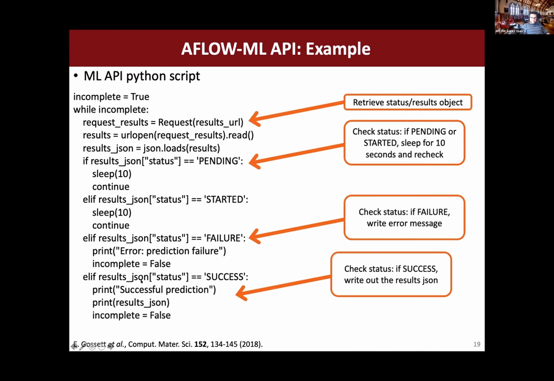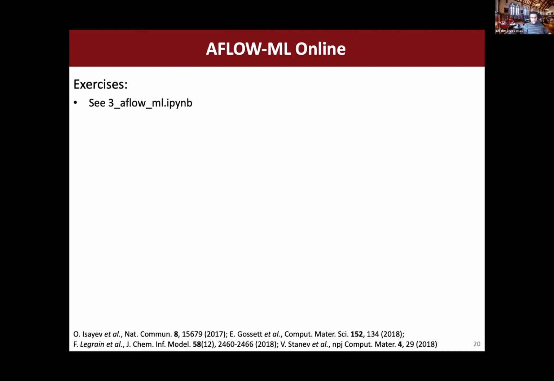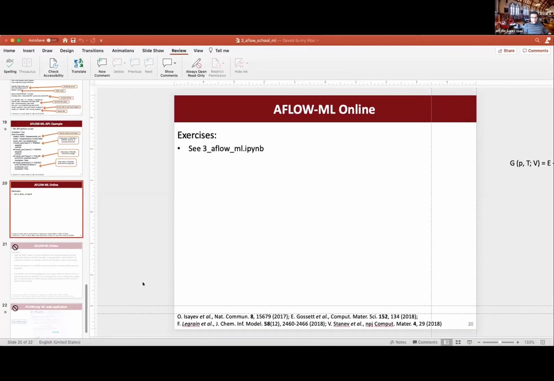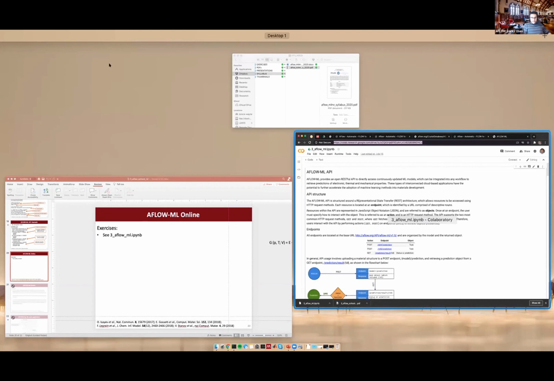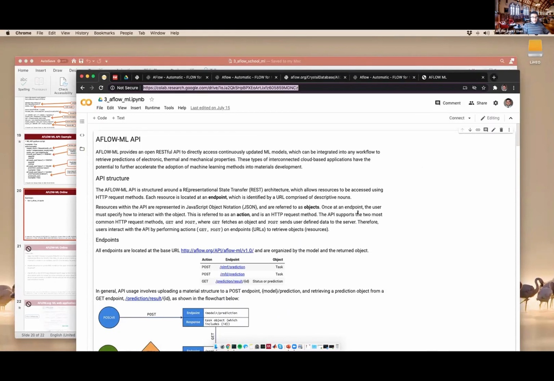All right, so let's go to the notebook, the Colab. I'll stop sharing here, and then I'll share my desktop. I'll pull up the chat so that I can get questions. You should see this page come up.